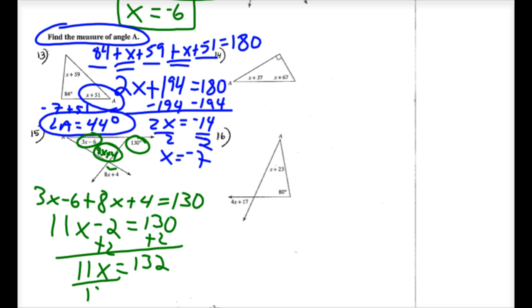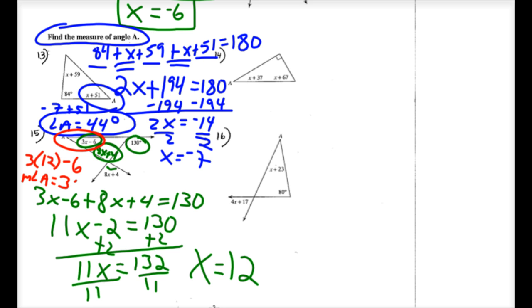And somebody divide 132 by 11. 12. Thank you. x is 12. But now we're trying to find the measure of angle A. A is the 3x minus 6. So I have to do 3 times 12 and subtract 6. The measure of angle A equals 30 degrees. That's the answer to the problem.